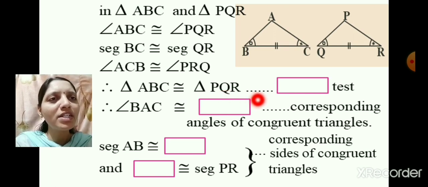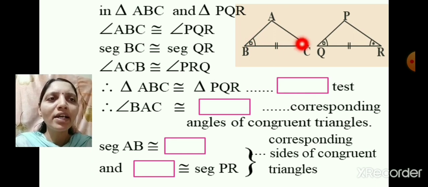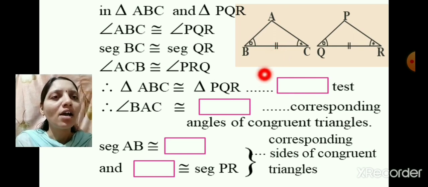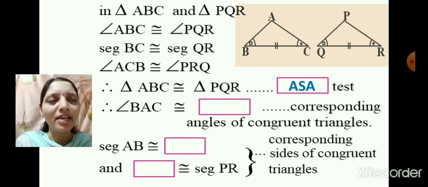By which test? Now here if you observe the figure, two angles are given congruent, and the included side between them is also given as congruent. That means which test? Angle side angle test. So let's write down here ASA test. If these two triangles are congruent, then the remaining sides or remaining angles will also be congruent.